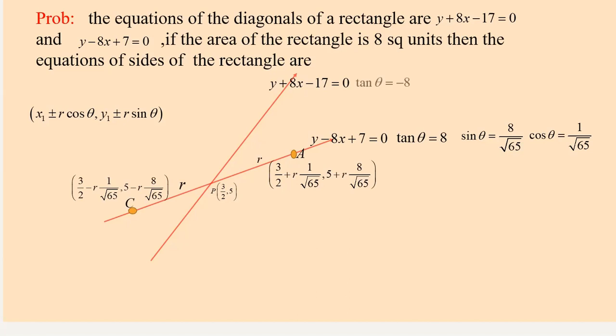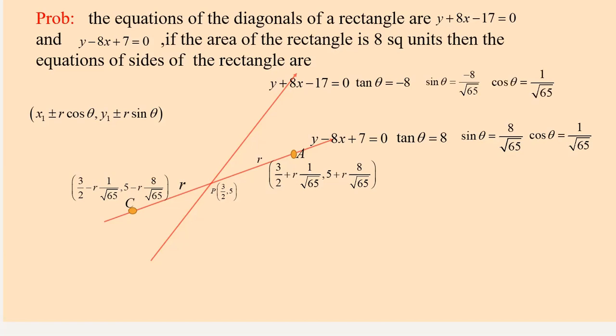And then on the other diagonal, tan theta is equal to minus 8. Correspondingly, sin theta is minus 8 by root 65, and cos theta is 1 by root 65. You can interchange this sign also. You can put the minus sign for cos and plus sign for sin also, nothing wrong. It gives you the same thing.